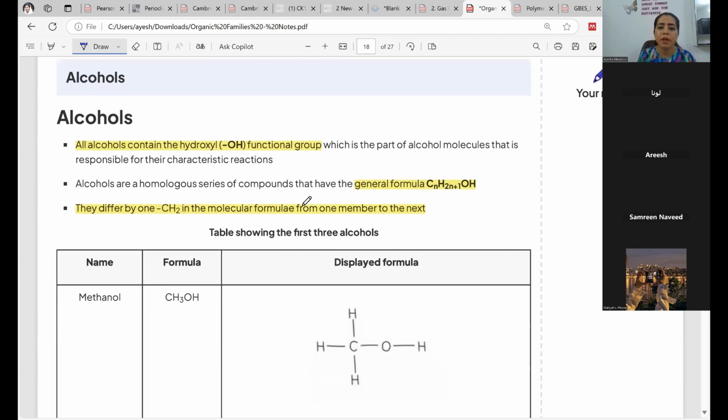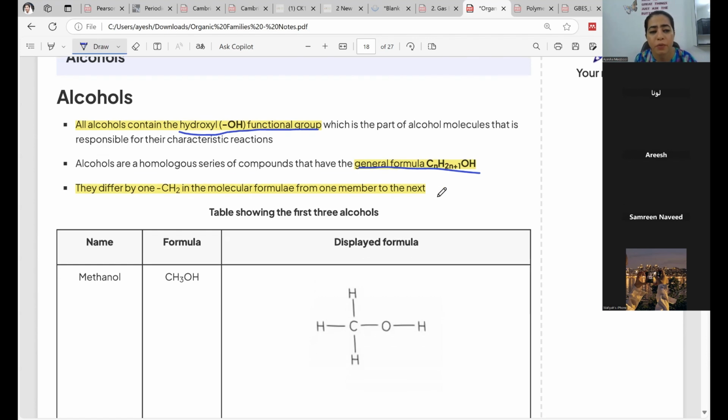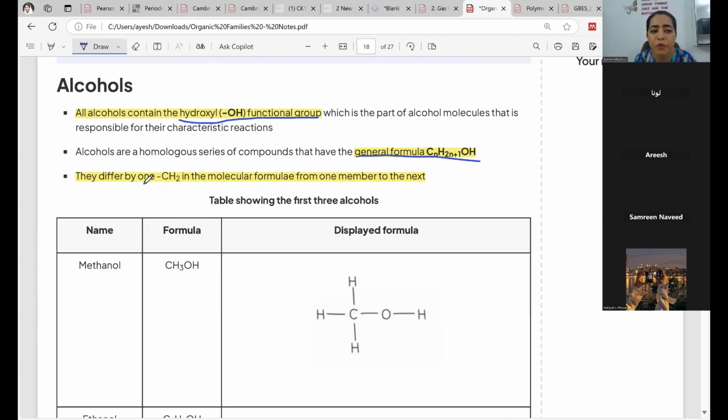Okay, after alkenes, now we can move towards alcohols. A little introduction of the alcohol is already done: they are also one of the homologous series with the functional group OH, which is also called the hydroxyl functional group. They have the general formula CnH2n+1OH. Any value of n we can put, starting with 1, and we can get the formula of the alcohol. All the alcohols differ from each other by one CH2 unit.